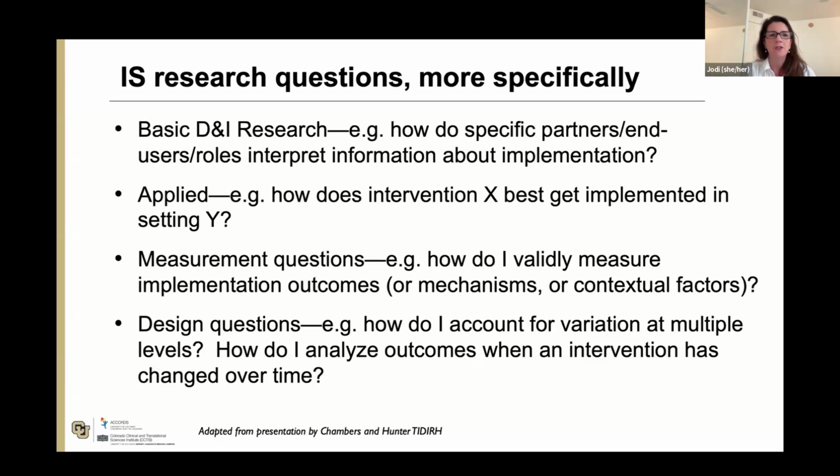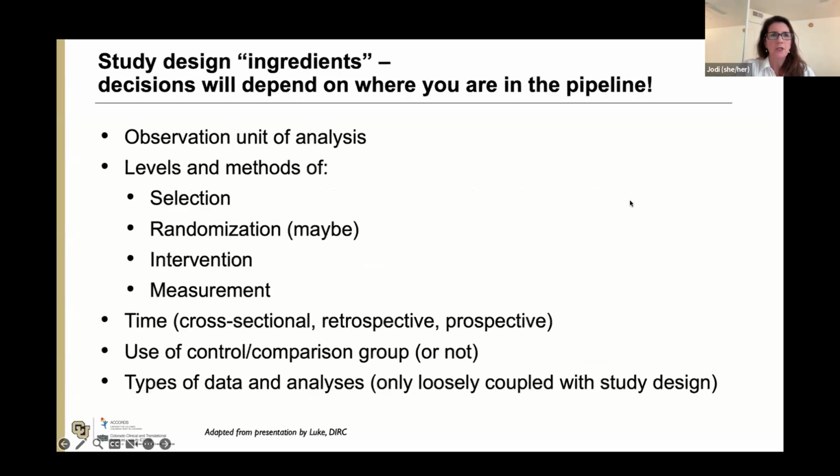How do I validly measure implementation outcomes? And you may have some design questions. How do I account for variation at multiple levels? How do I analyze outcomes when an intervention has changed over time? So these are some kind of extra layer things. They're a bit different to dissemination and implementation research versus other kinds of research.